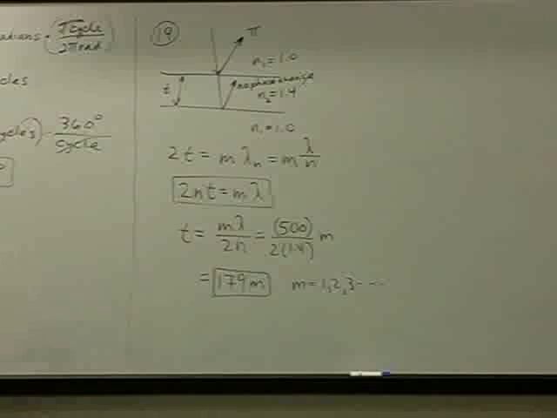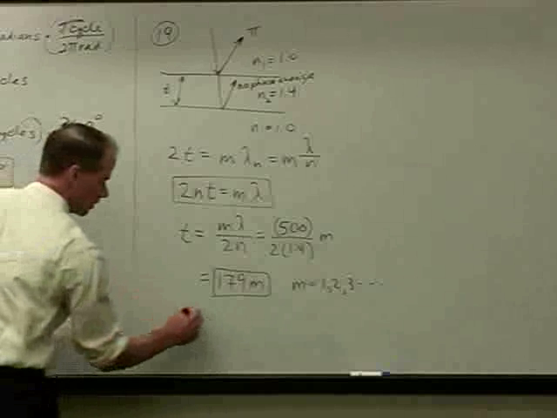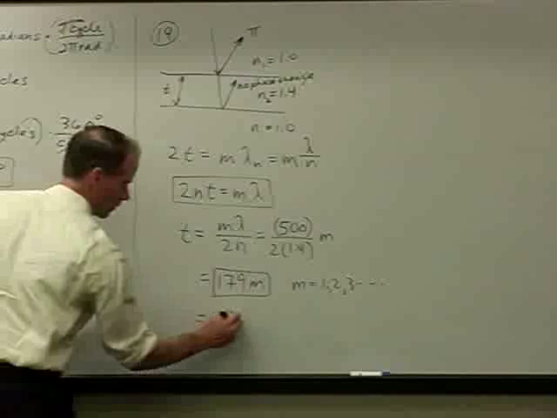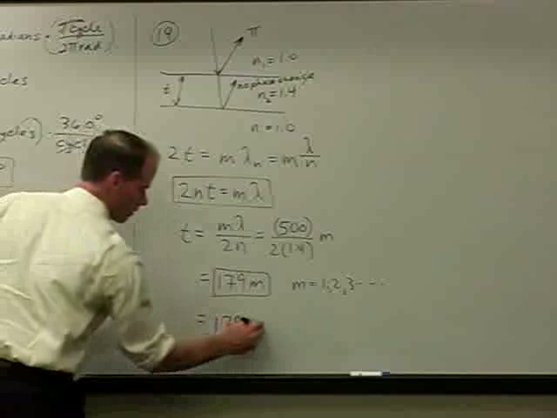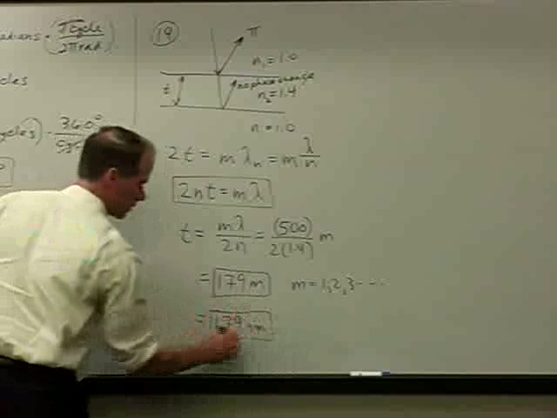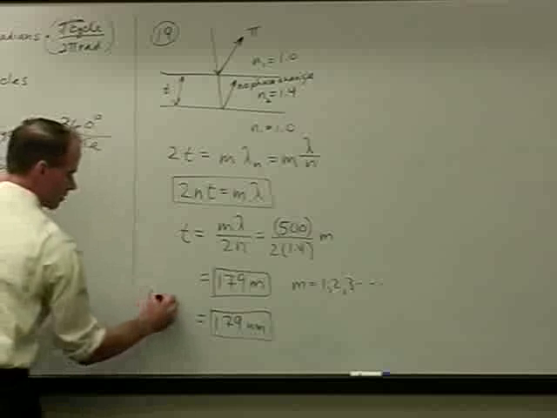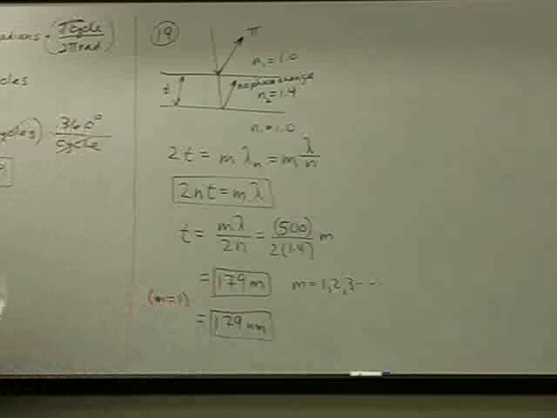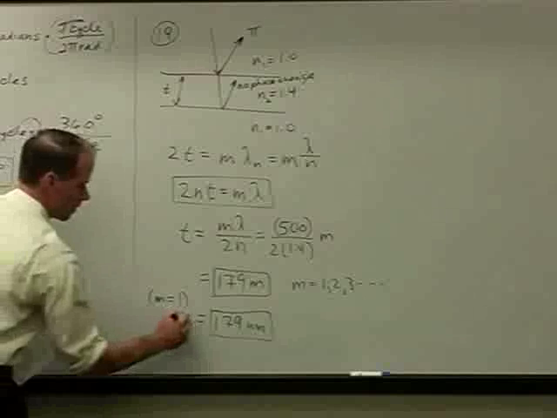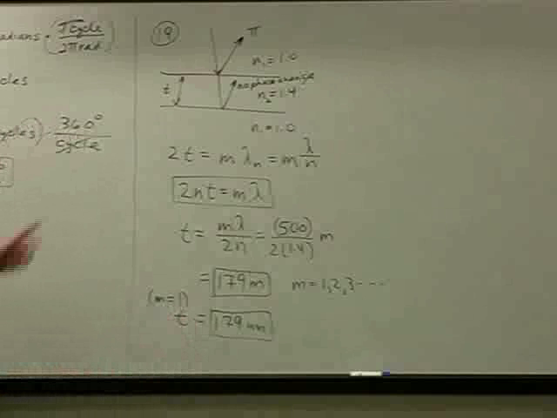So the minimum thickness would be when m was equal to 1, which would be 179 nanometers. And then any other thickness, multiples of that, would also have destructive interference in reflected light.